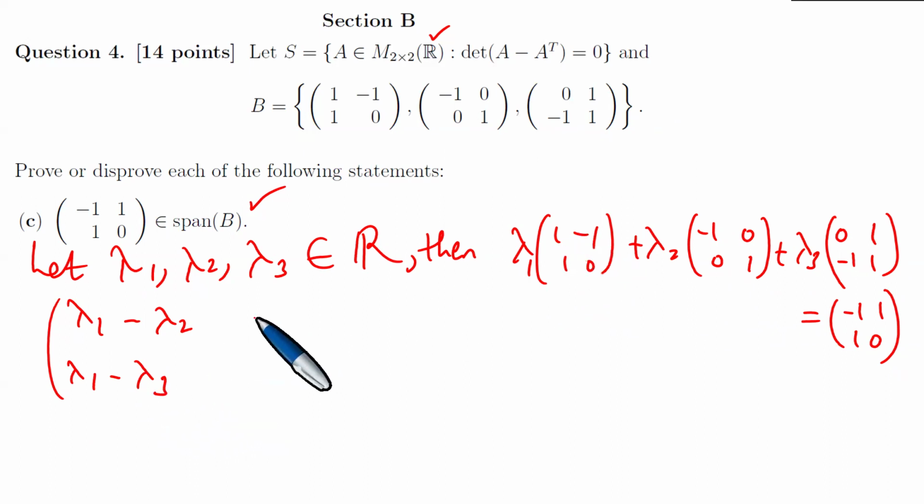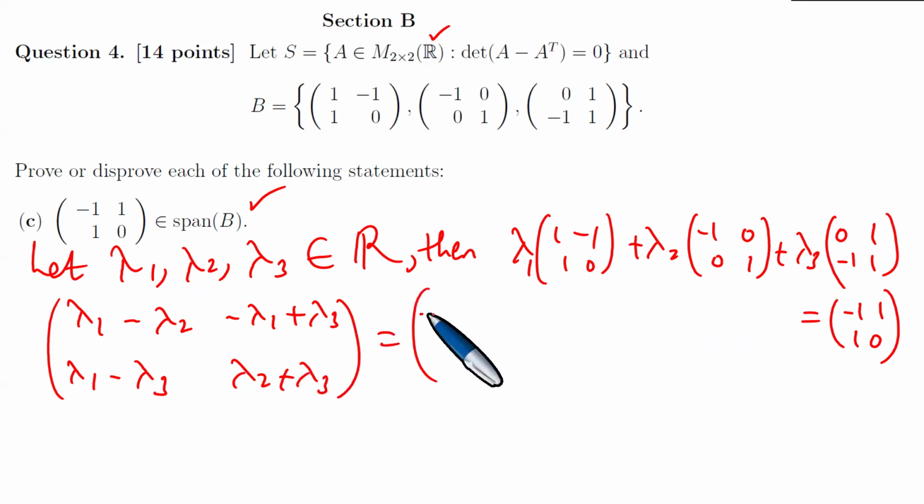Then we come to this one, which is minus lambda 1 plus lambda 3. And then this one, which is exactly 0, lambda 2 plus lambda 3. This is exactly what we get.